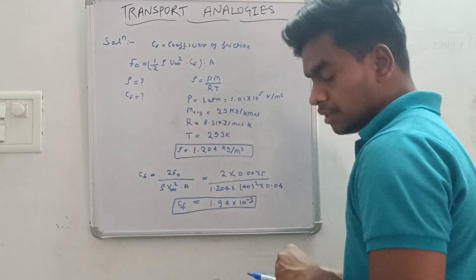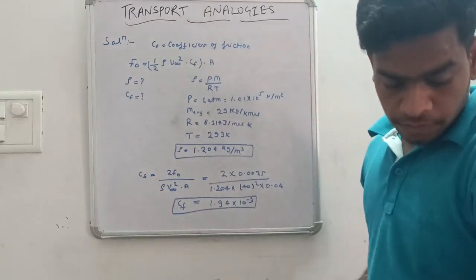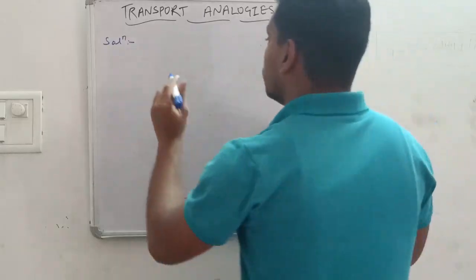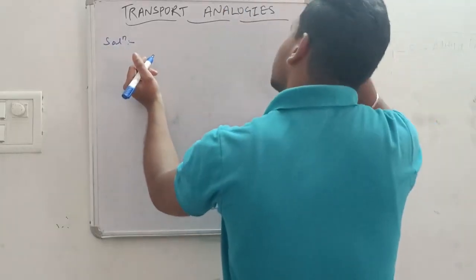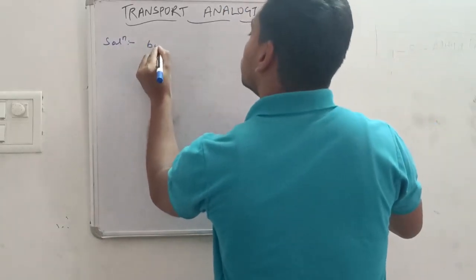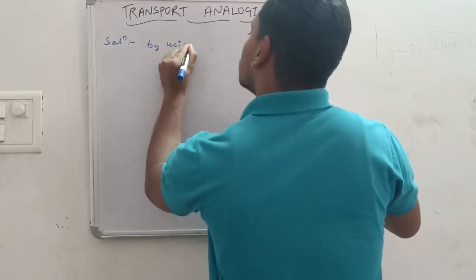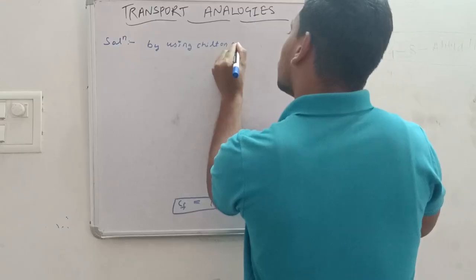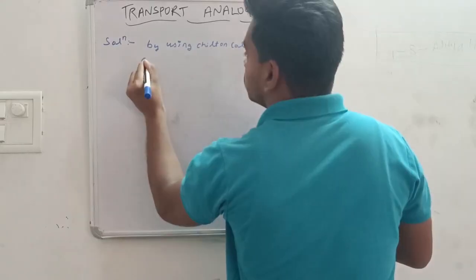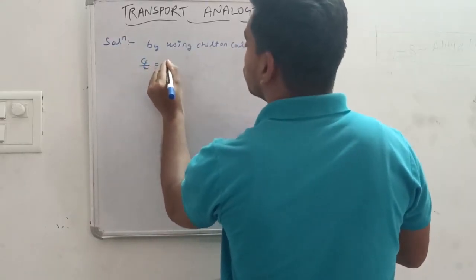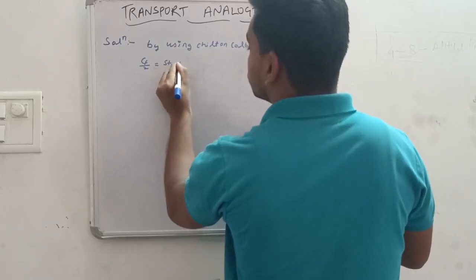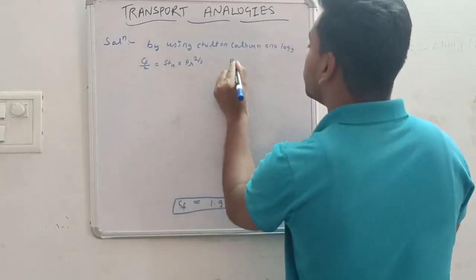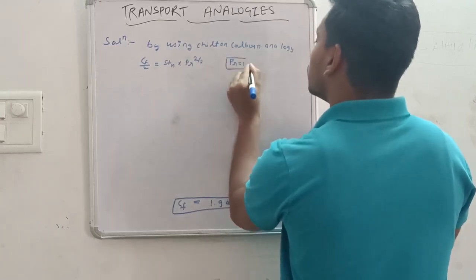From here we will use the Chilton-Colburn analogy. Chilton-Colburn: CF by 2 is equal to Stanton number for heat transfer into Prandtl number to the power 2 by 3. We know Prandtl number equal to 1.